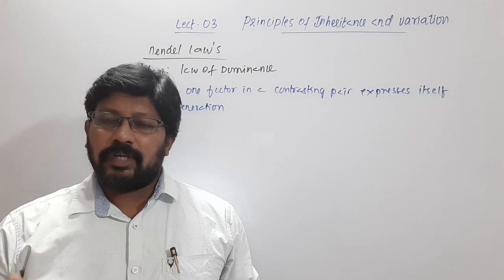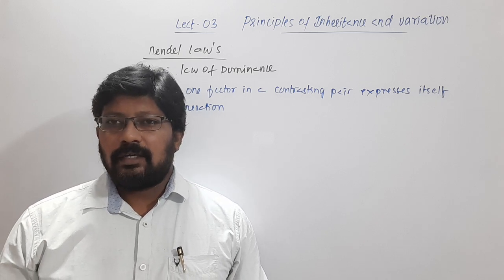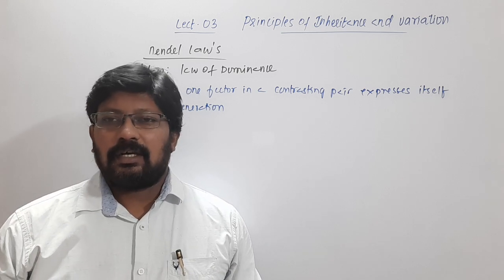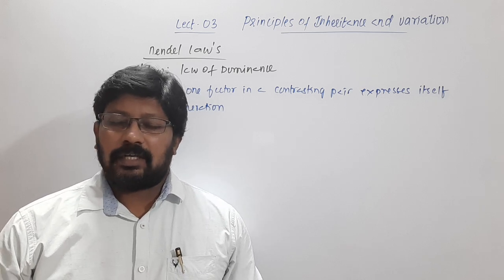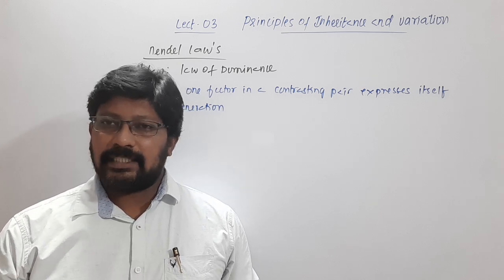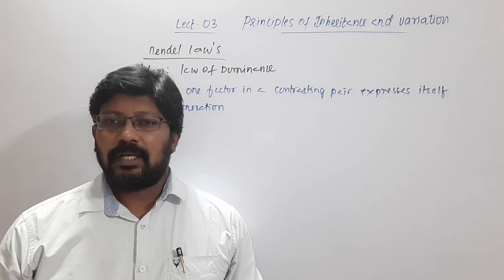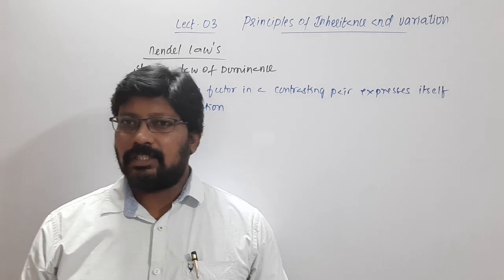And we came to know the complete structure of DNA, the double helix model, only in the 1900s. So in those days, no one knew what the gene actually is.